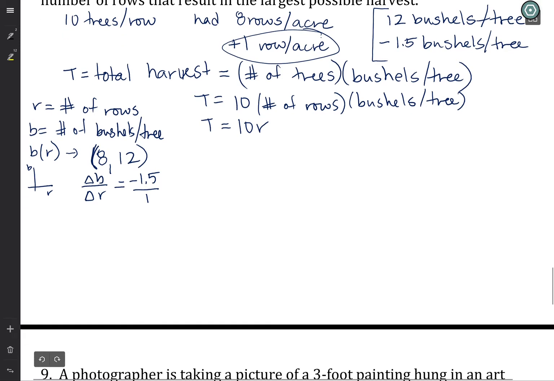We can say, okay, our B of R formula says B of R is equal to negative 1.5 times the number of rows plus, oh, we already used b for our function. I'm just going to say question mark. Some unknown y-intercept. How many bushels would we get if there were 0 rows is the technical meaning of that, although I don't really love that because we wouldn't get any bushels. But that's still how our formula is set up. And then we just need to plug in this point. We know we get 12 bushels.